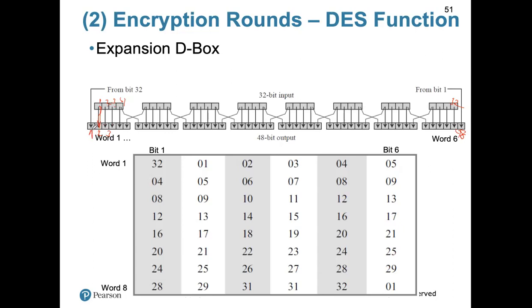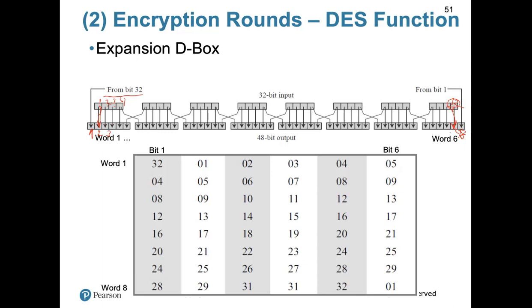Bit 1 of the output, the expanded data, looks at bit 32. So this bit 32 is used in 2 positions, in position 47 and also in position 1.